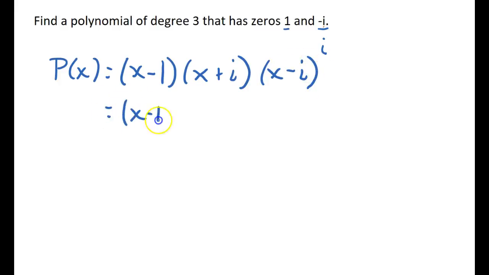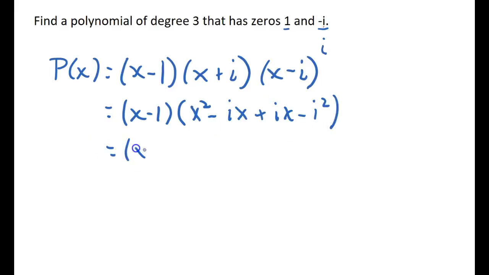Okay, so let's do FOIL. That'll give me x squared minus, nope, sorry, what am I thinking here? Minus i x plus i x minus i squared. i squared is negative 1.